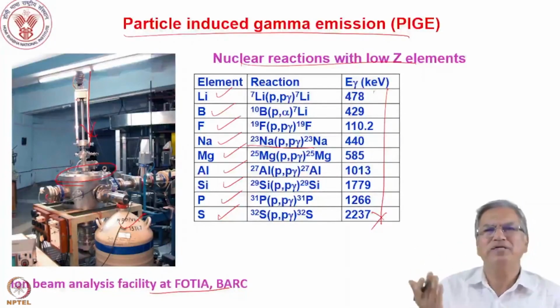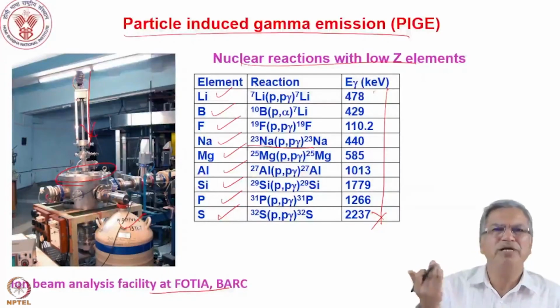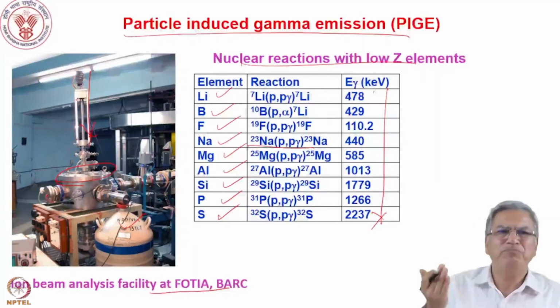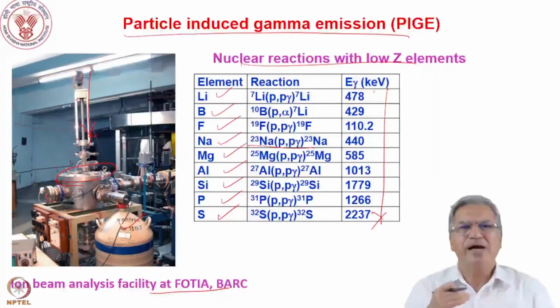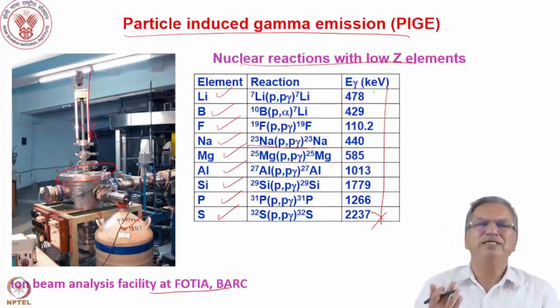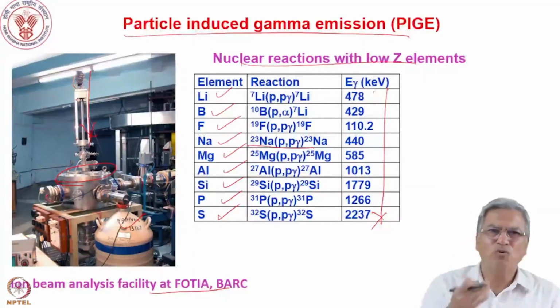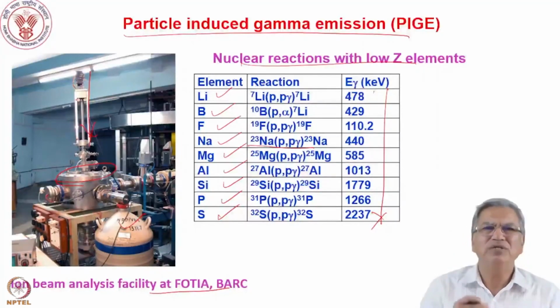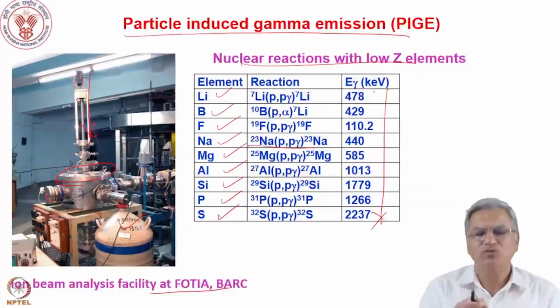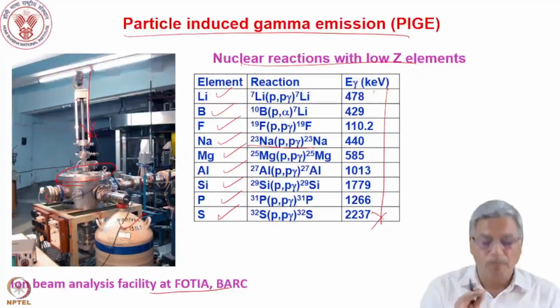You will have multiple reactions, Pn, P2n, P3n, and also you may have P alpha and so on with lighter ones. So for higher mass nuclei, the gamma spectra will be very complicated. Whereas for low mass nuclei, these are only simple inelastic scattering or low lying states involved in the nuclear reaction, so the gamma ray spectra are not very complex.